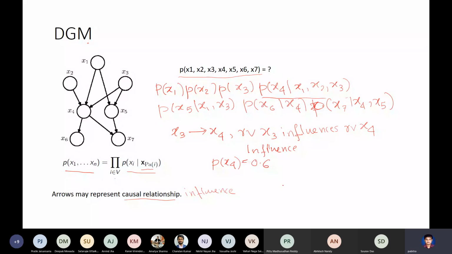Now, suppose I observe x3. So the probability it rains on a certain day is, say, 0.6 in Kharagpur. And let's say x3 is that there is a depression in the Bay of Bengal.